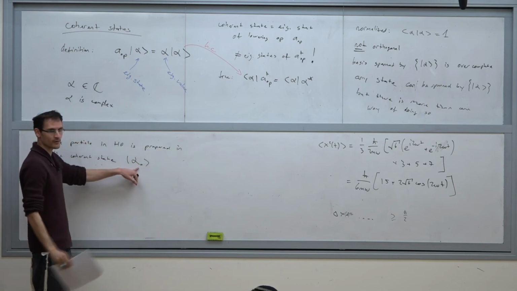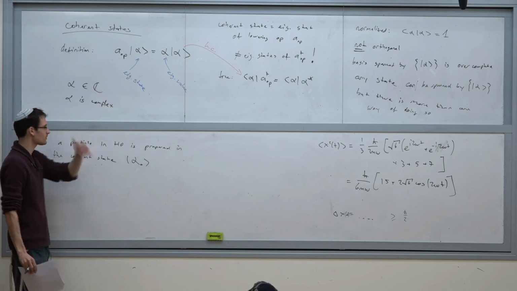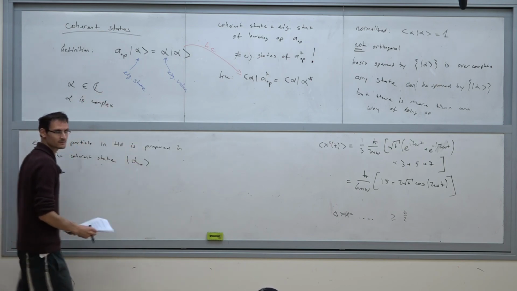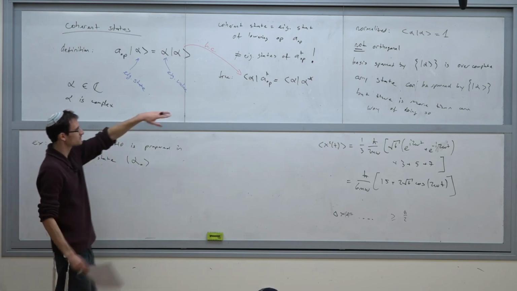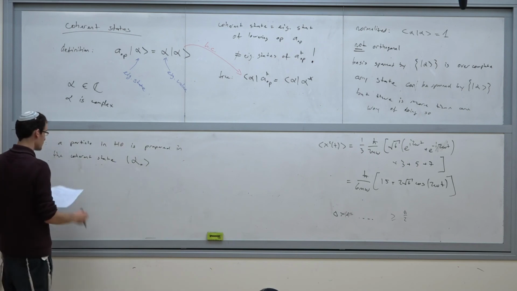So alpha 0 is a number. It's a complex number. It could be 1 plus i. I don't need the product to be normalized. Some complex number, which I'm going to call alpha 0.